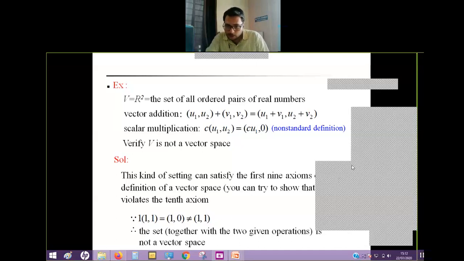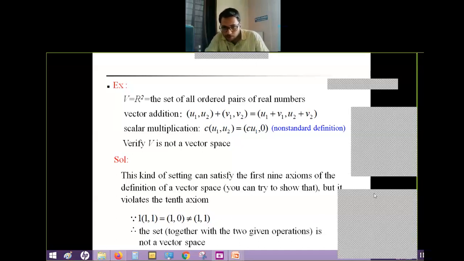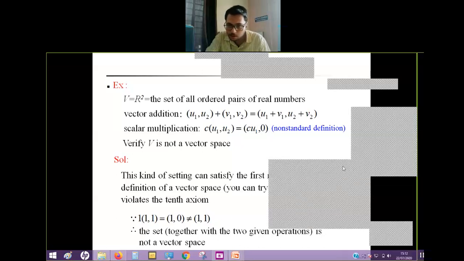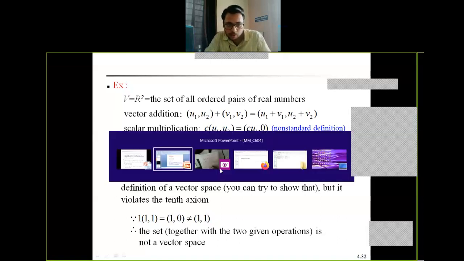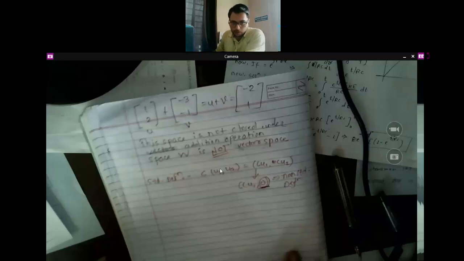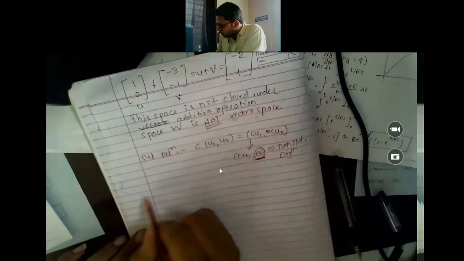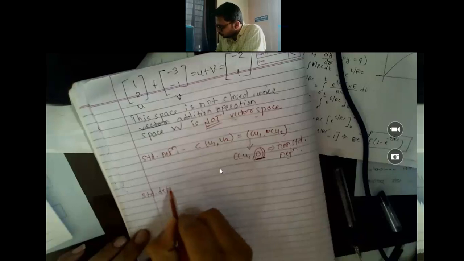Now, this brings us to the definition. I'll close the participant list so that you will be able to view, or let me take you to the notebook. So what is the standard definition of scalar multiplication?